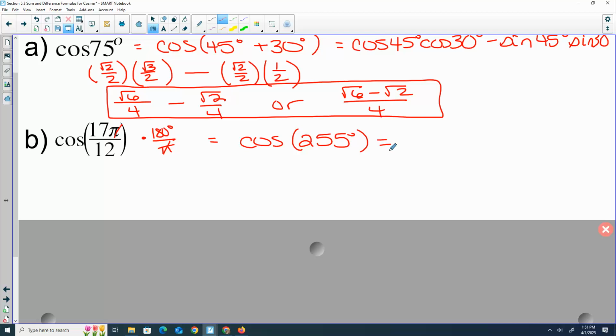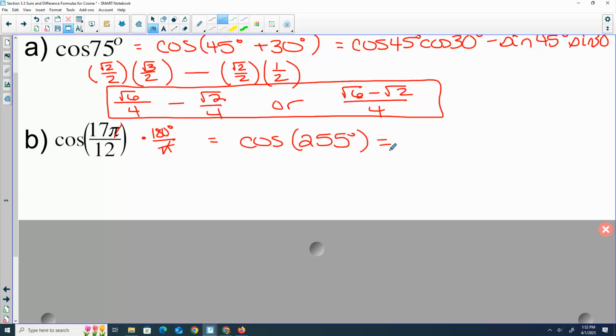So now, I need two angles from my unit circle that would add or subtract to 255. I'm not just going to be able to use 30, 45, and 60. It's not going to be enough. So if you need to, pull out an old unit circle or find one in your book. But we're thinking about all of those angles.